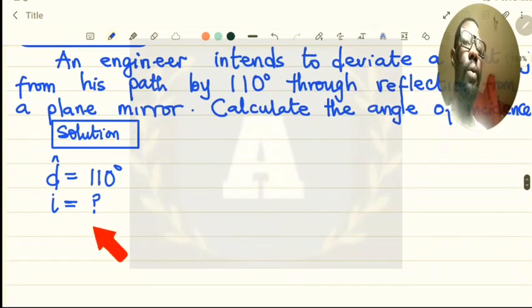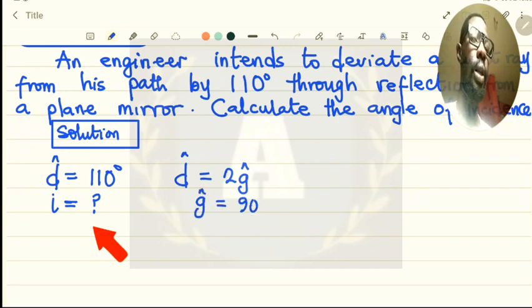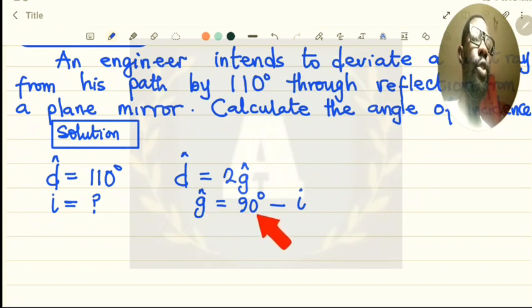Now we've learned that the angle of deviation is twice the glancing angle, but the glancing angle is equal to 90 degrees minus the incidence angle. So we substitute G, which is equal to 90 degrees minus I, in this equation.